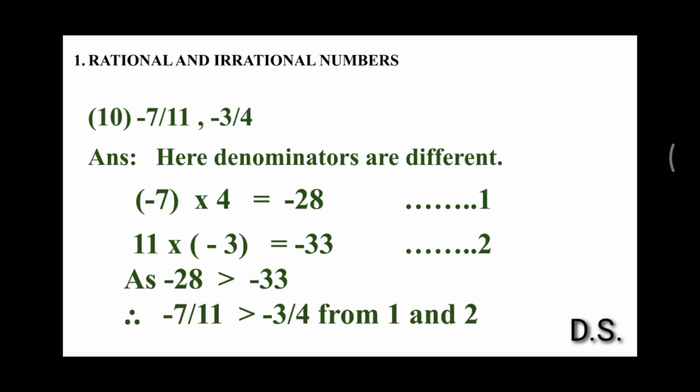When we compare minus 28 and minus 33, minus 28 is greater than minus 33 because 28 is smaller than 33. Since minus 28 is greater than minus 33, therefore minus 7 upon 11 is greater than minus 3 upon 4.